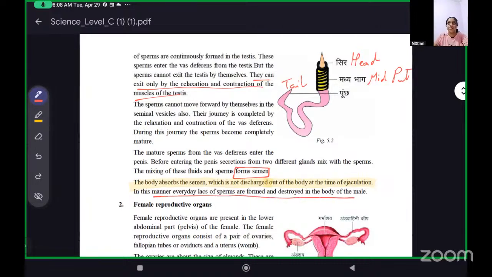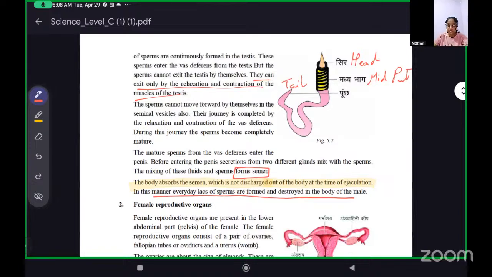It's not a harmful process, it's a natural process. You may think that sperms are destroyed every day, but the body reabsorbs them, and new ones are formed in the testis.